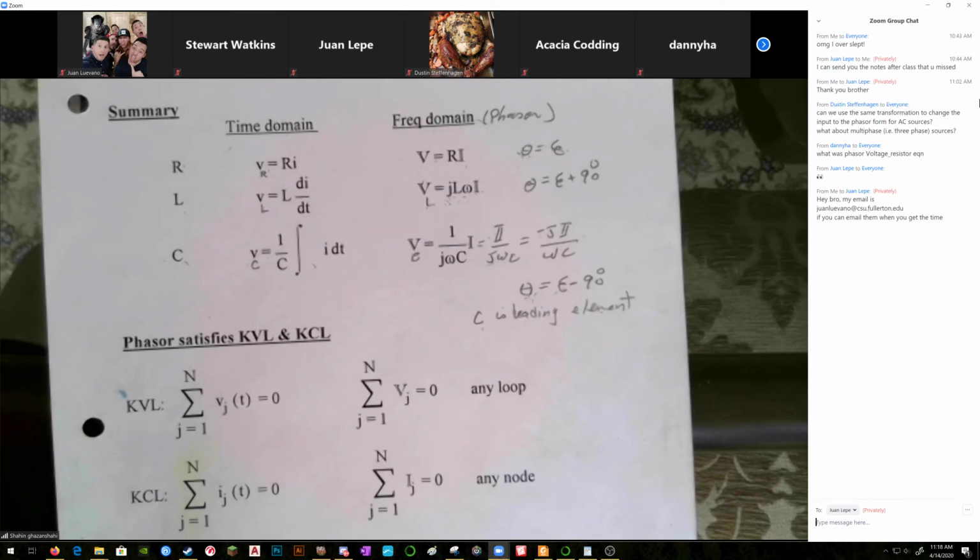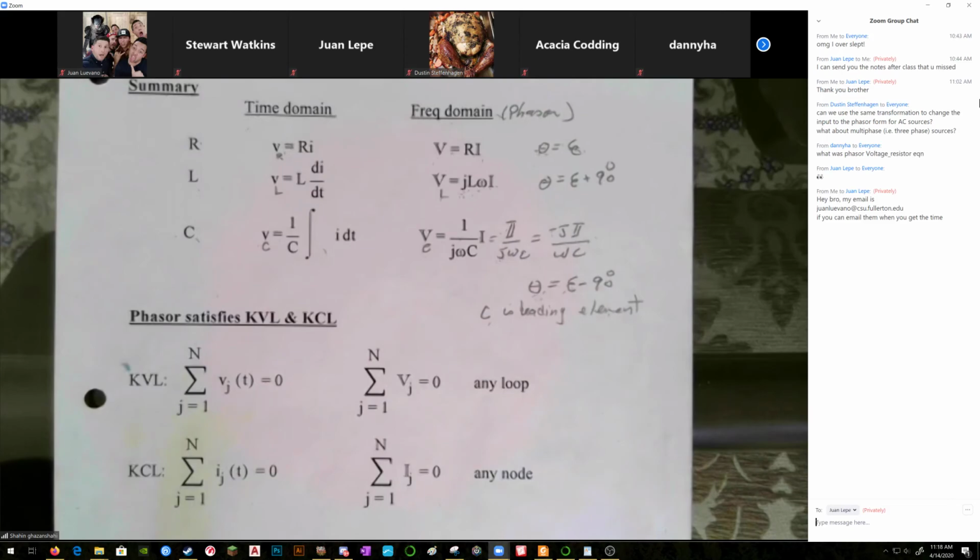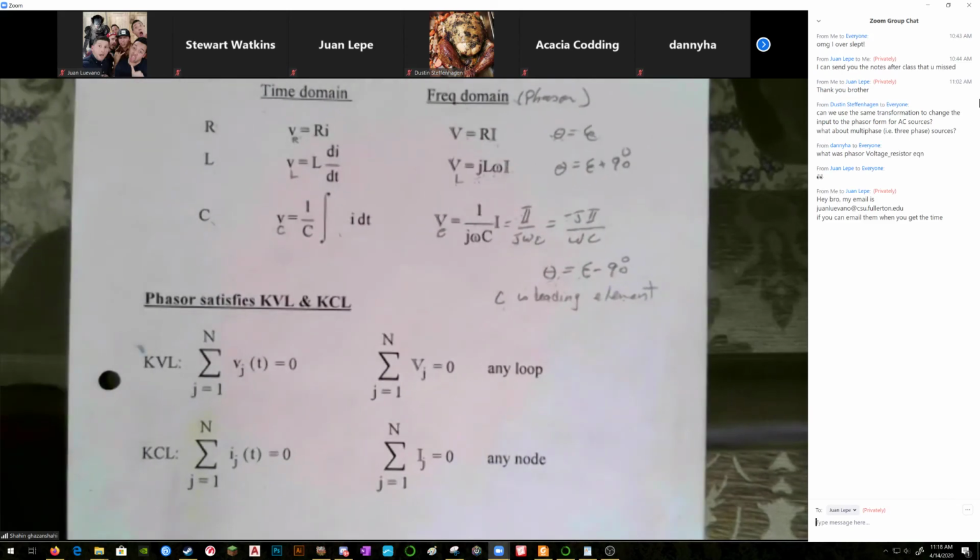If I have resistors, inductors, and capacitors in series, then the phase angle difference between voltage and current is not just 90. That is just for an inductor or a capacitor. If I have more elements, I need to calculate it, which next class will answer.